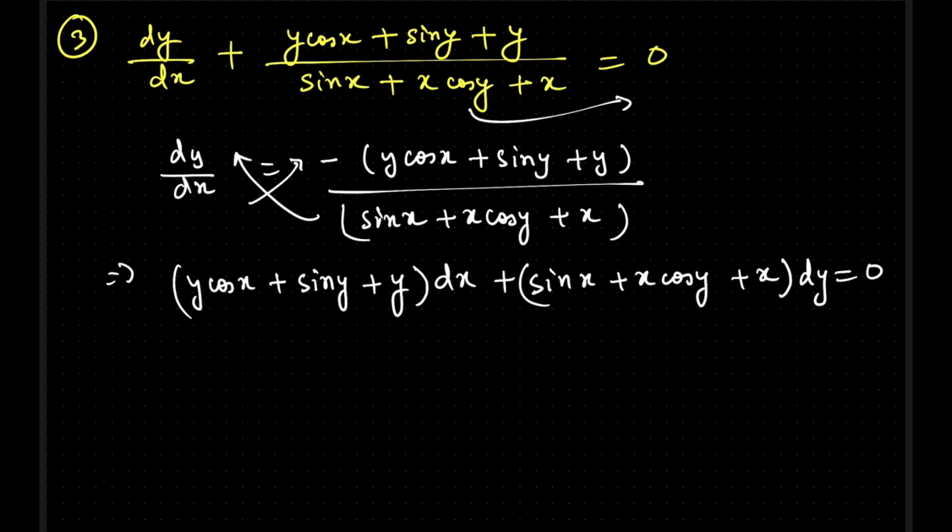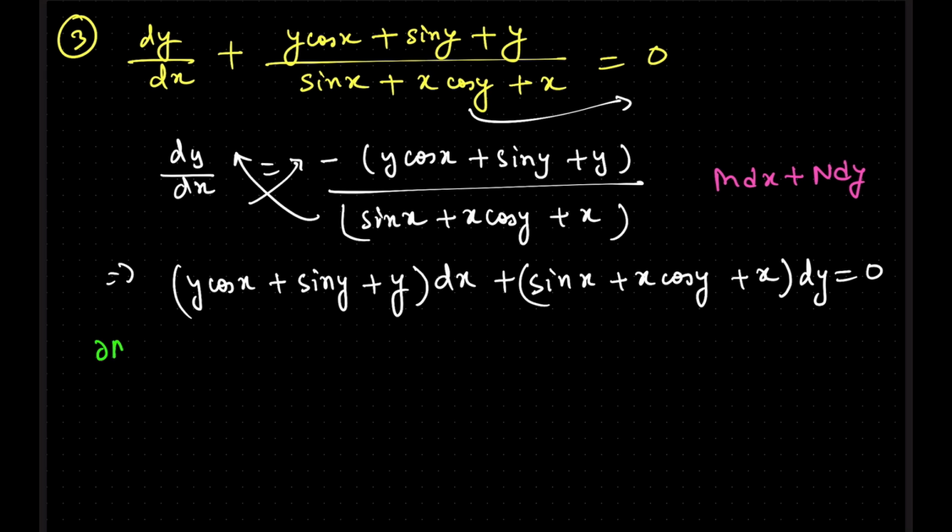So this is our normal M dx + N dy form. We first find ∂M/∂y and check whether it is equal to ∂N/∂x or not.